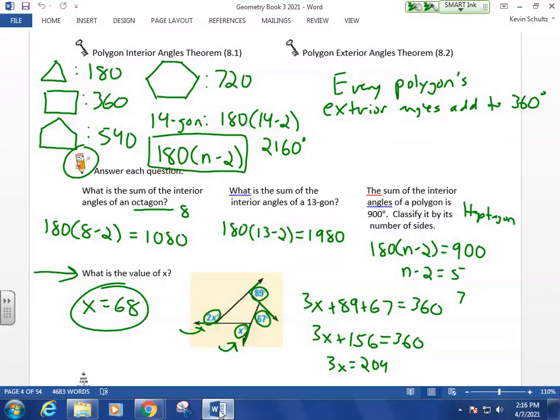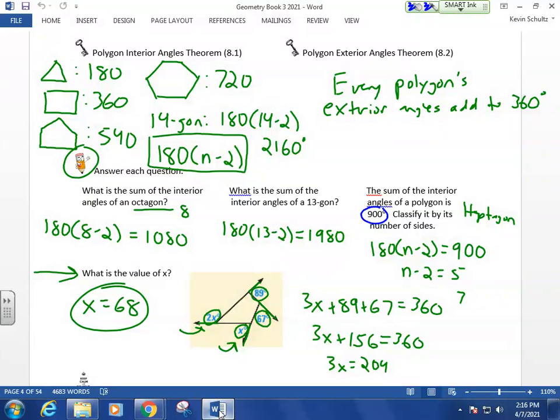Oh, I got you. Okay, yeah. Nick is using some prior knowledge to help here. He's saying that we already figured out that an 8-sided shape, an octagon, is 1,080. So 900, which is 180 degrees less than 1,080, would mean it has one less side. So that's where you get the 7 sides versus the 8. Very good. If you've got prior knowledge to use, then by all means.